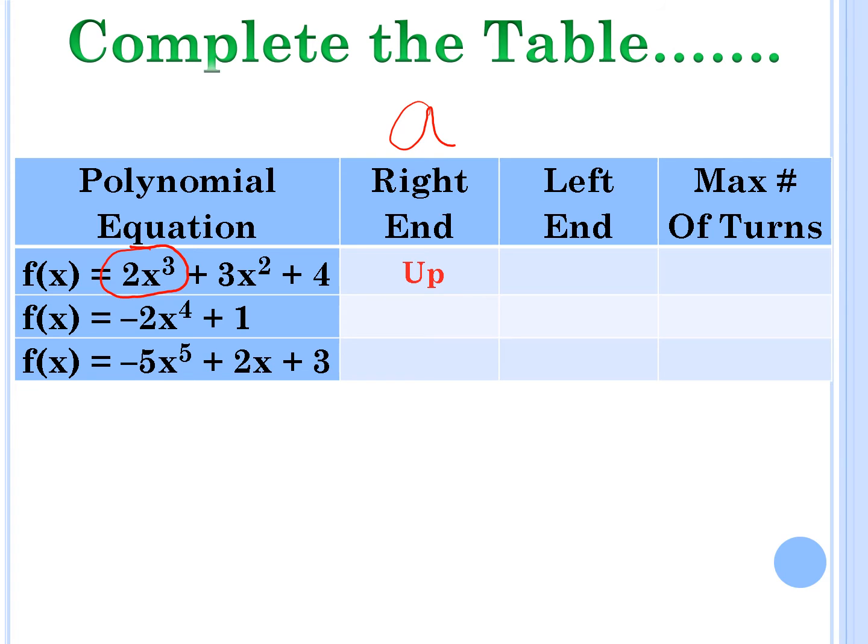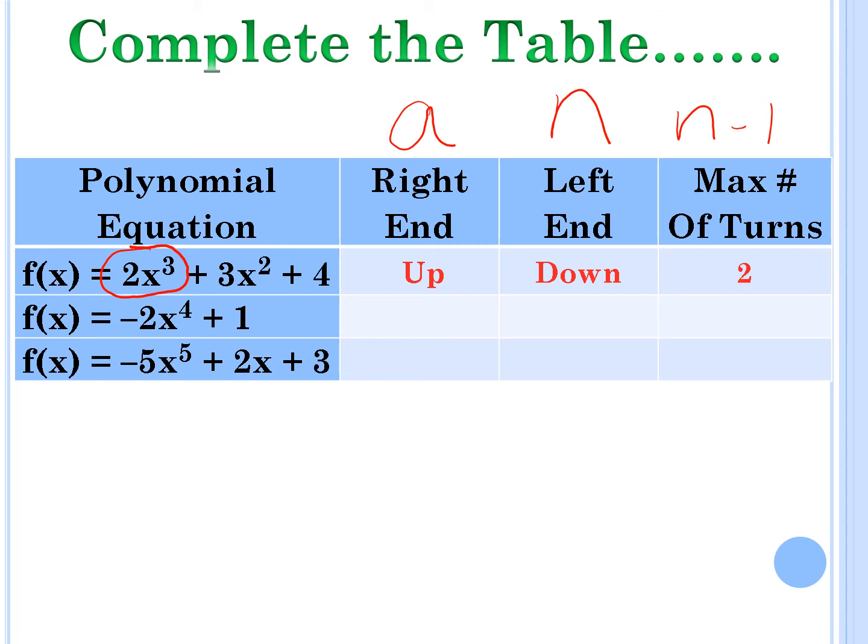The left end is based off the n. My exponent is odd. Odd means opposite, so if the right end's going up, the left end is going down. Now the maximum number of turns is n minus 1. So 3 minus 1 is 2. So this polynomial could have at most 2 turns.